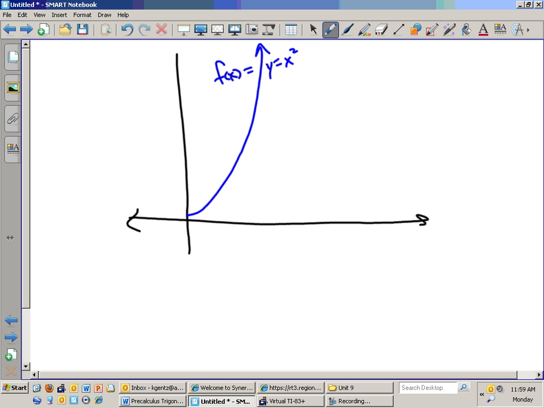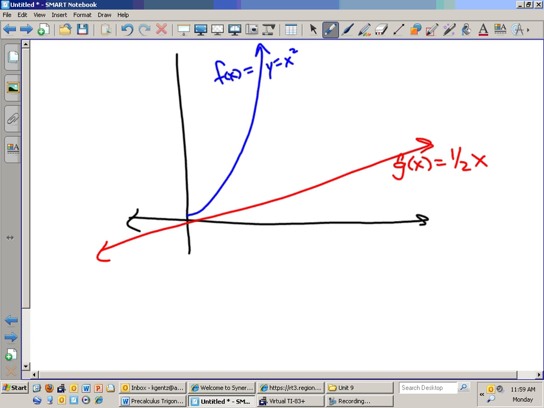And let's suppose I have another one that looks like this, g of x equals 1/2 x. If I have those two different functions, just look at what happens here.